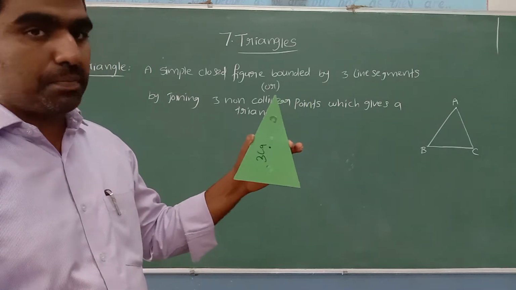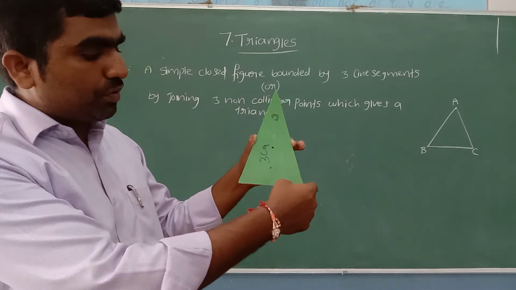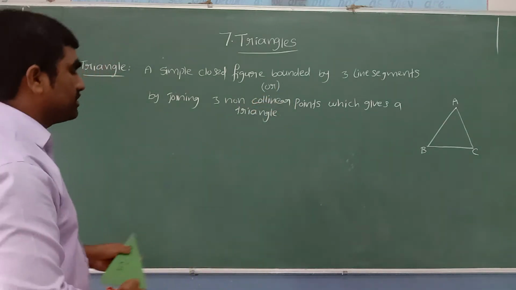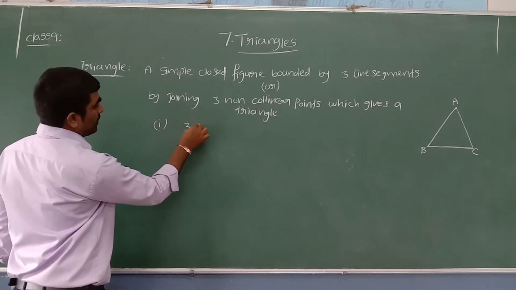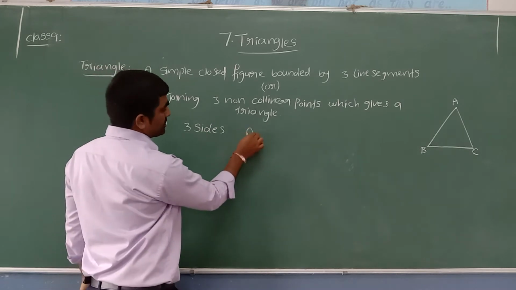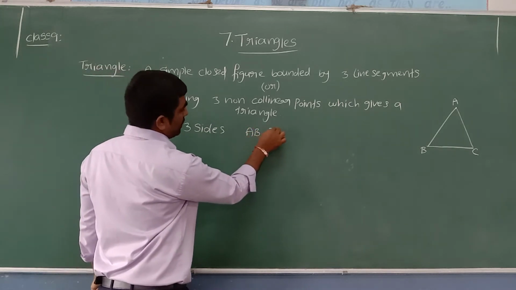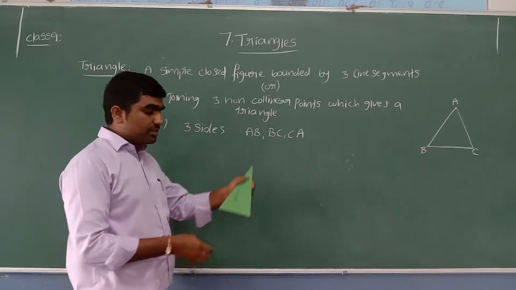Now let's see what the parts of a triangle are. How many sides does it have? Here we see 1, 2, 3. A triangle has three sides. In that figure the sides are AB, BC, and CA. How many angles are there?